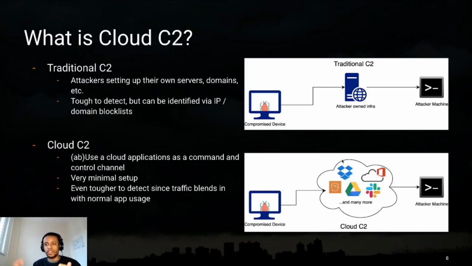And they usually come with TLS and SSL, so all that traffic is normally encrypted. And it's tougher to detect from a defender point of view because all of this traffic is going to domains that normal traffic in your network might already be going to, because these are popular applications that most people will use, especially given the remote work we've all had to endure the past few years, right? So that's what Cloud C2 is in a nutshell.